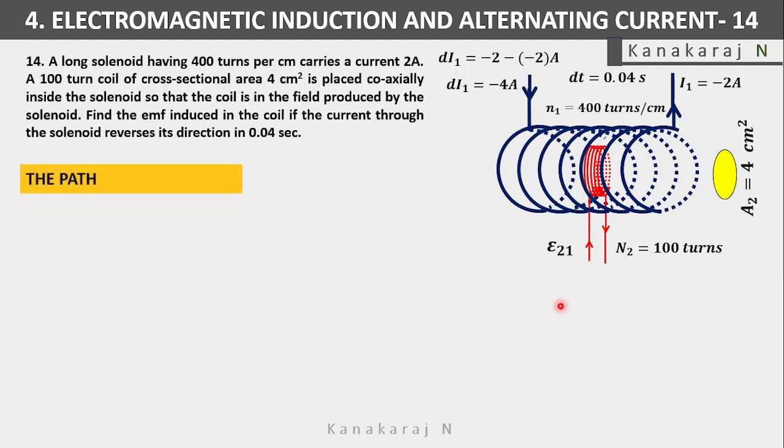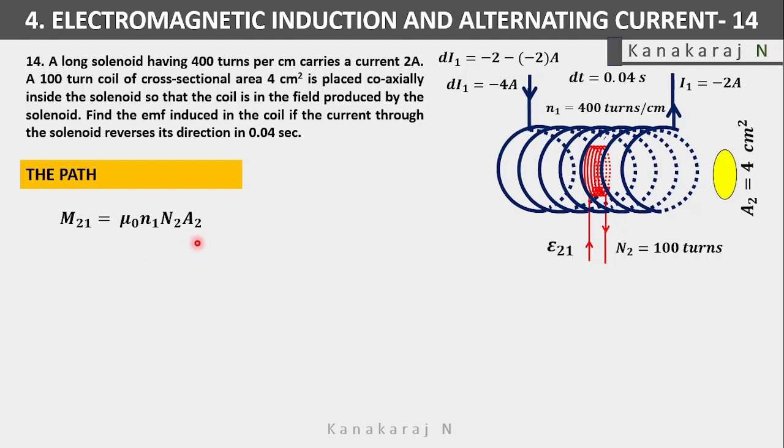Now we have to go with the formula. The first formula is M21 equals mu naught N1 N2 A2. Here, mu naught is the permeability of the medium; here it is air, so it is mu naught. N1 is the number density of the solenoid. N2 is the number of turns in the circular coil.